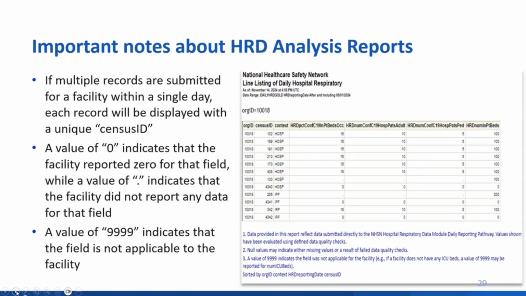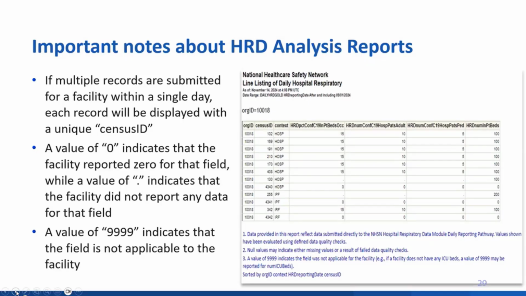A few important notes about the hospital respiratory data analysis reports. If multiple records are submitted for a particular facility within a single day, each record will be displayed in the report with a unique census ID. A value of 0 in the table indicates that the facility reported 0 for that field, while a value of a period indicates that the facility did not report any data for that field.